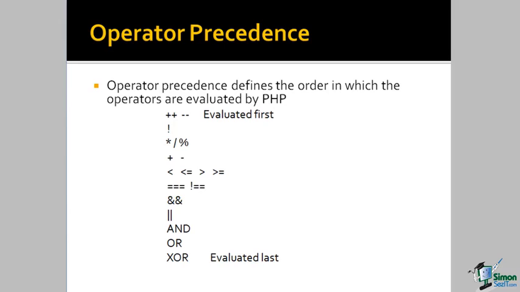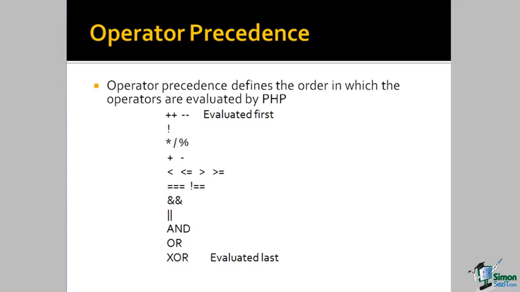No matter what the defined order of precedence for an operator is within PHP, we can override that by the proper placement of parentheses. One of the common examples of this is, what if you wanted to add 3 plus 4 and multiply it by 3?